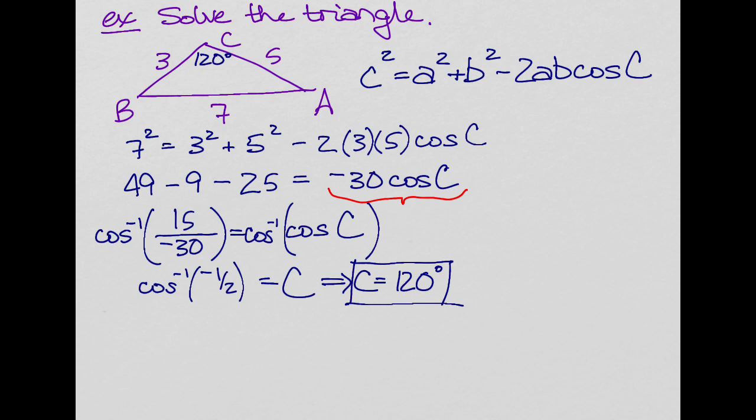I'm going to find A next. So now I have sine of that 120 degree angle I just found over its opposite side is equal to the sine of angle A over its opposite side. And this is standard issue law of sines here.